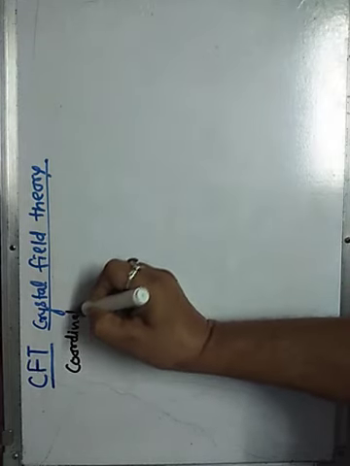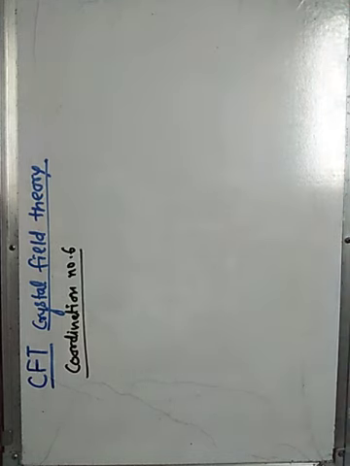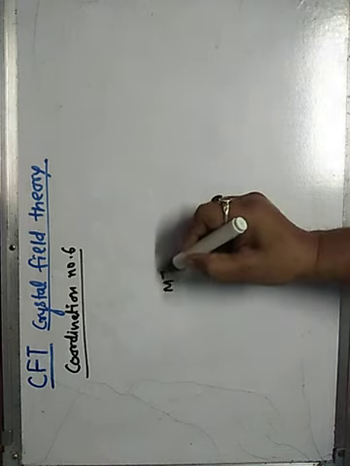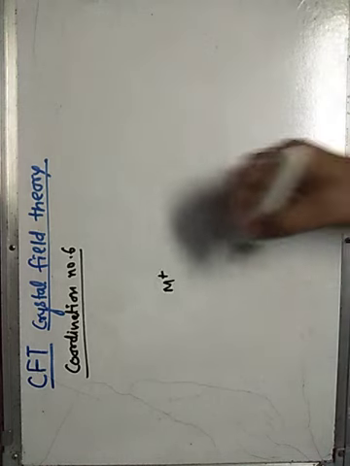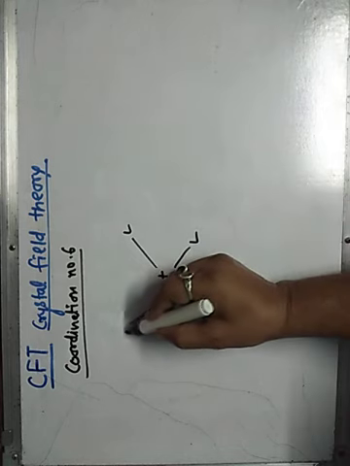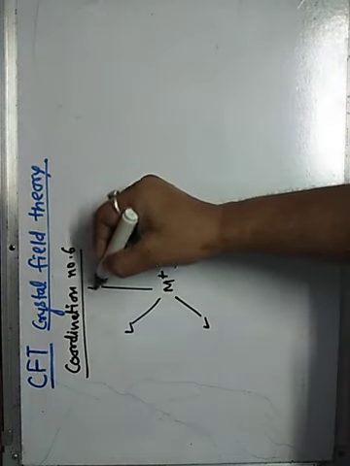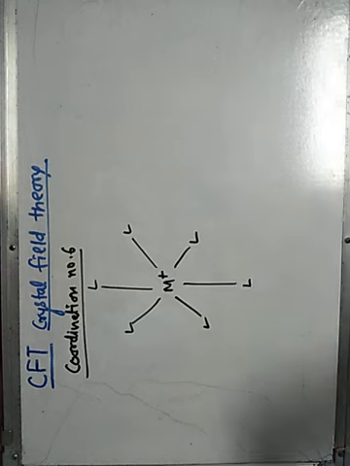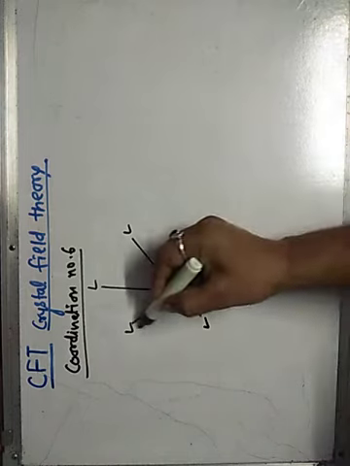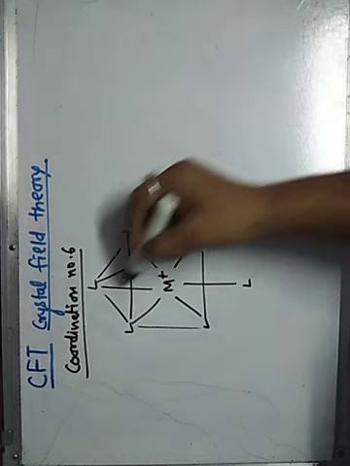Coordination number 6 means the central metal ion, which is a d block element, is surrounded by a number of ligands, and the number of ligands is no doubt 6. So 4 are here and 2 ligands are at these sites. This construction is octahedral. You can just mention it like this.